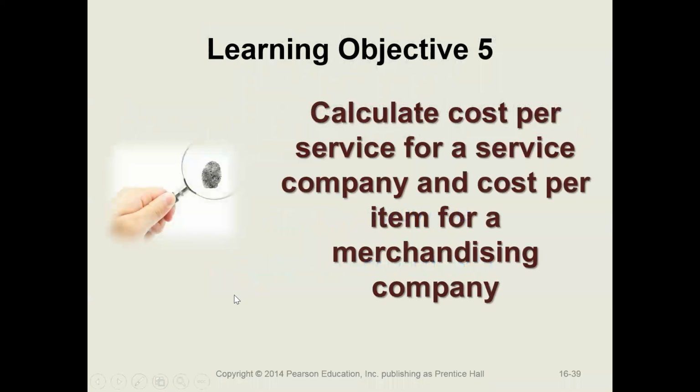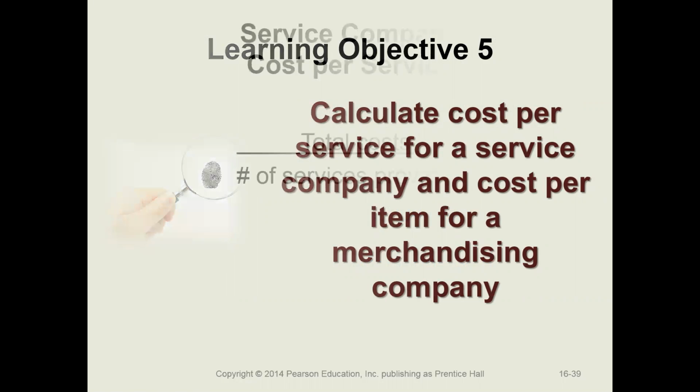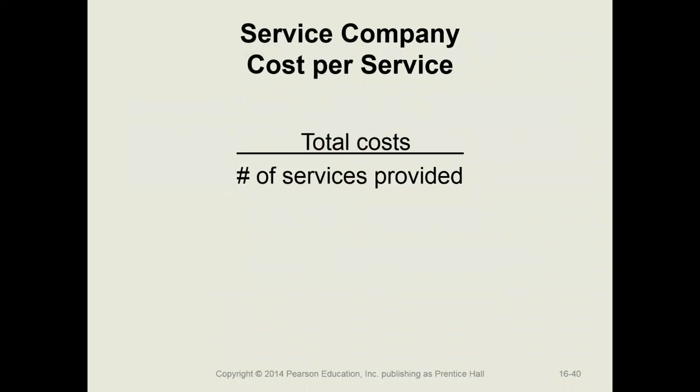Okay, so learning objective 5 has to do with service companies and merchandising companies. For a service company, the cost per service. Remember, it's not per item because we don't have products that we have to keep track of on a per unit basis.